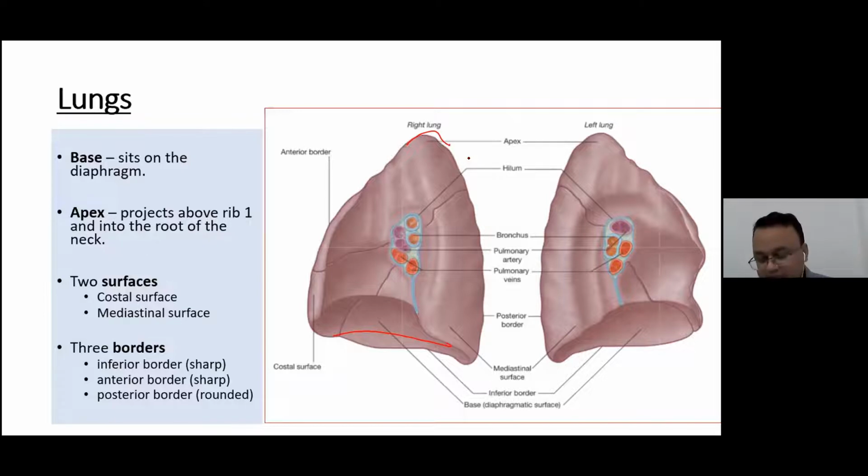That also brings us to another important point worth noting regarding any procedure involving the root of the neck, which may cause injury to the pleura and, by extension, the lung itself.